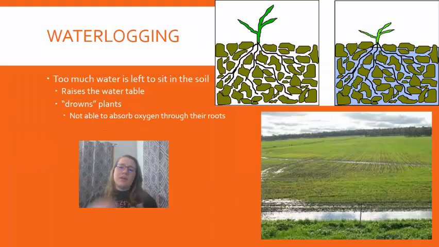Waterlogging is the phenomenon that occurs when too much water accumulates in the soil. And this is super saturating that soil and it's raising that water table. And what happens is the plant essentially drowns. And it drowns because the roots of the plant, even though they're underground, they still require oxygen.